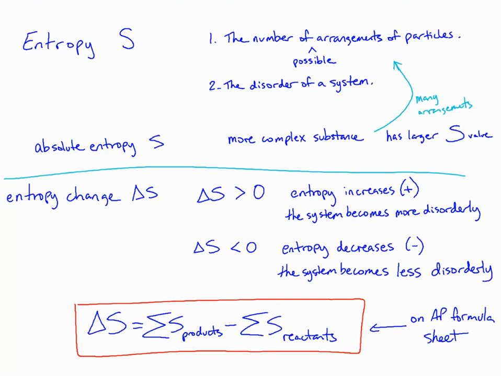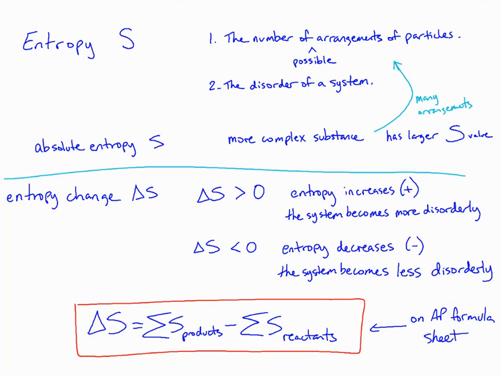Basically, the system is becoming more disorganized. When delta S is less than 0, entropy is decreasing. Delta S is negative, and the system is becoming less disorderly.